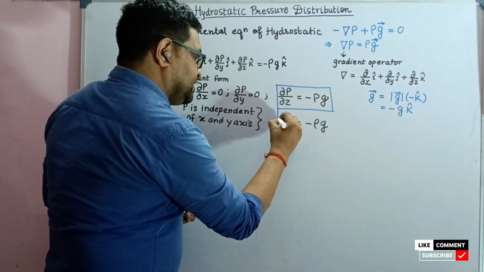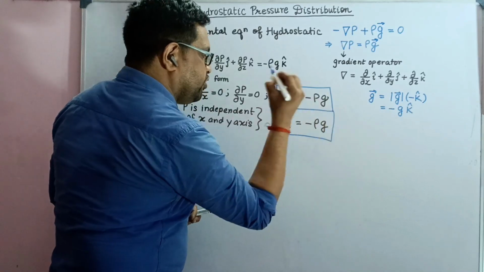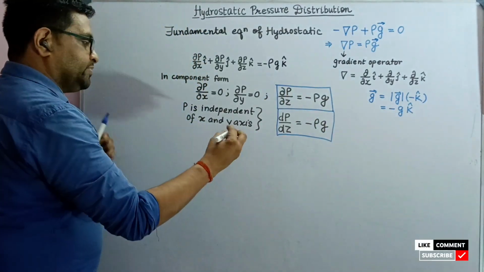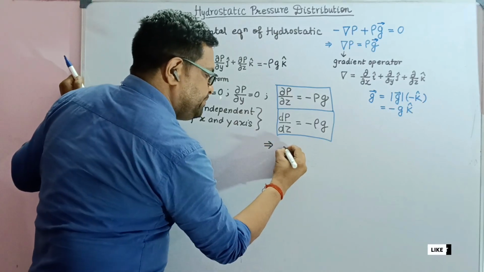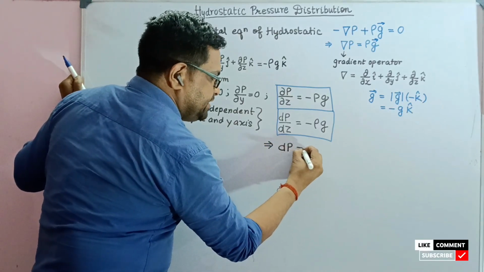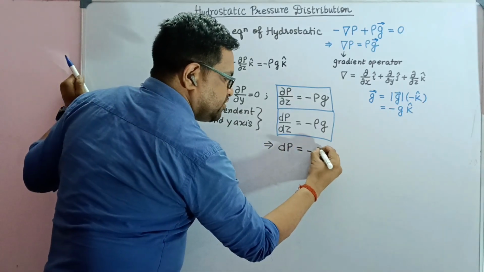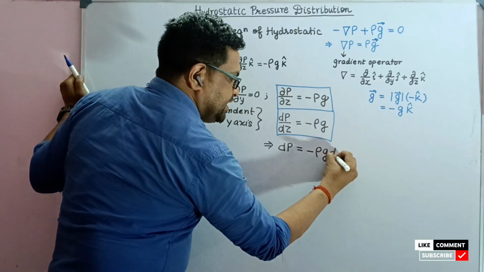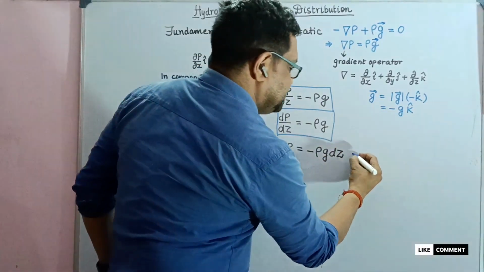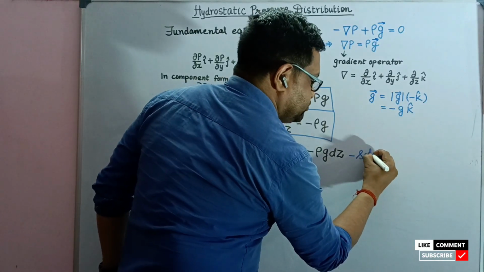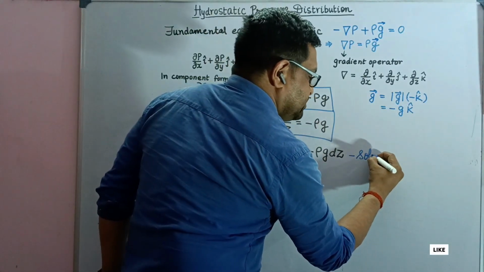So this is the second form of solution which we have got. Now from here we can also write dP is equal to minus rho g dz. Now you can say that this is actually the solution of the hydrostatic equation which we have got.